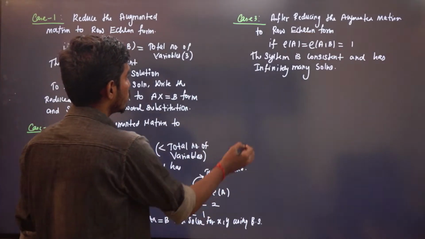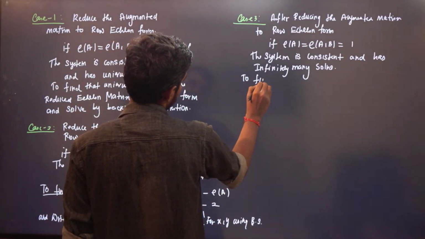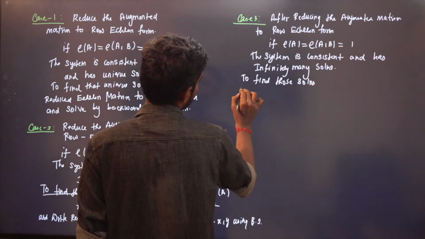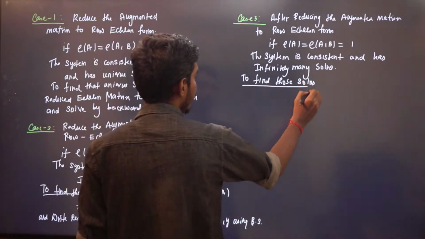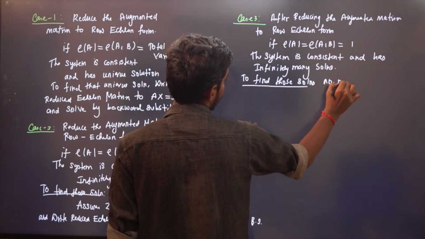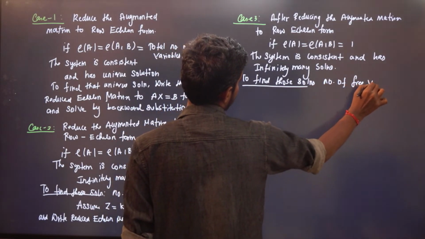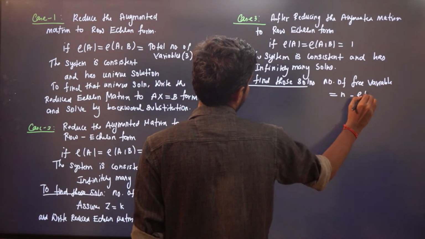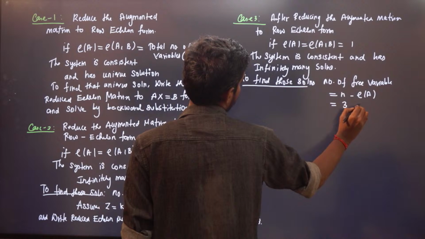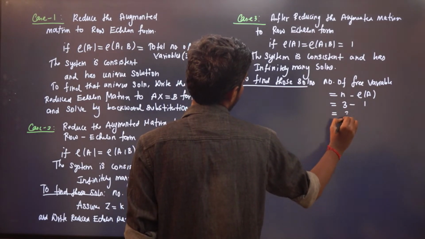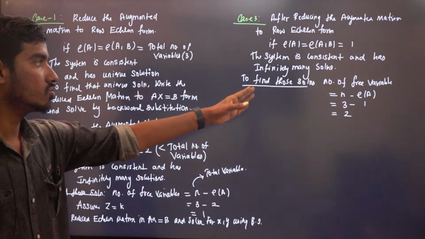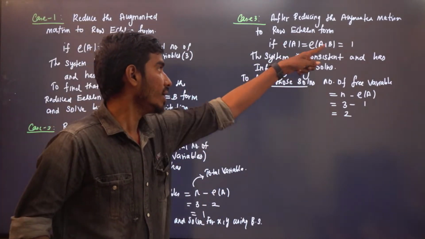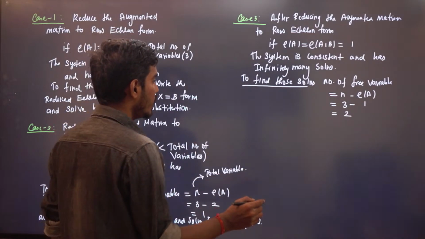Again, to find those solutions, the number of free variables is n minus rank of A is the formula. So here you have two free variables, because n is the total number of variables, which is three here. The rank is 1 in this case, so you have two free variables.